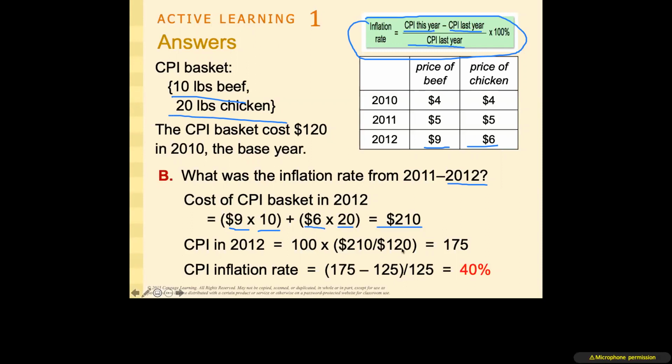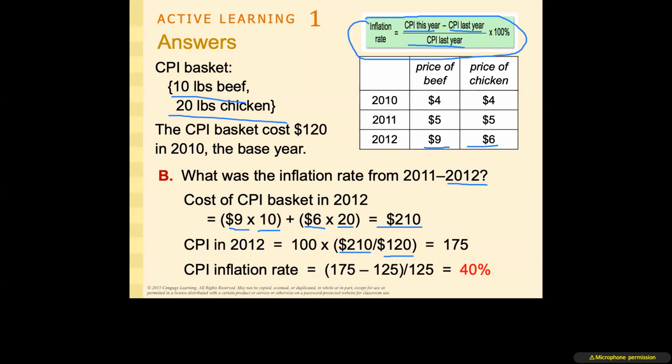So I need to figure out the CPI. I'm sorry, that's the cost of my basket. So I need to figure out the CPI for 2012. I know that in 2012, the cost of my CPI basket was 210. And I know that my base year is what?